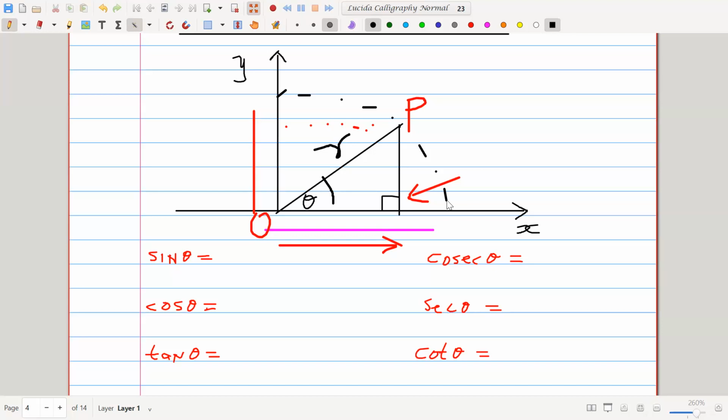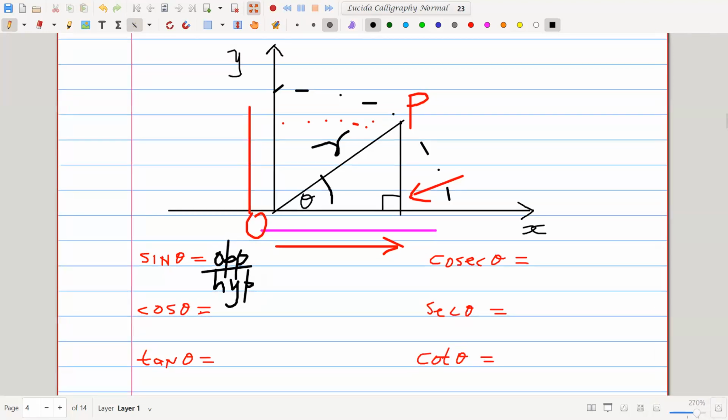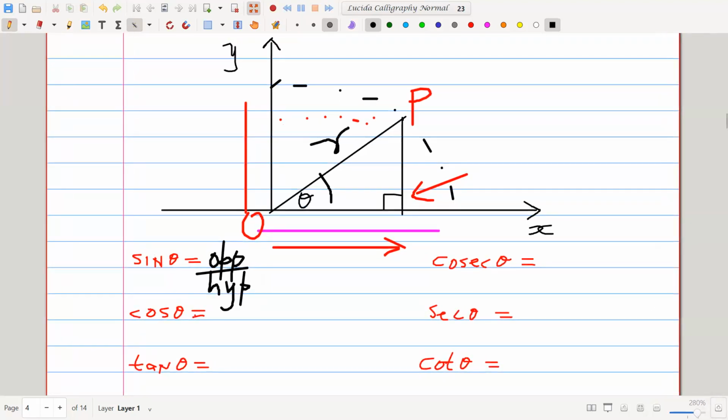The trig ratios are defined as follows. Sine is defined as opposite over hypotenuse. That is the opposite side to our angle theta, so this is the side that we're looking at.